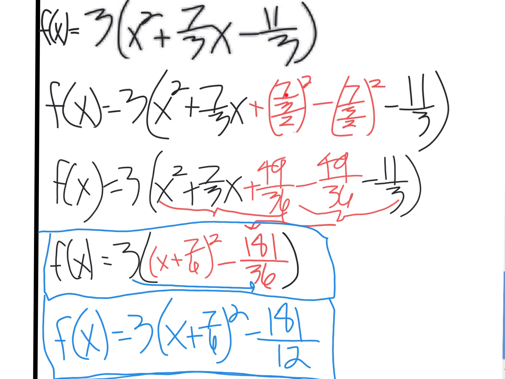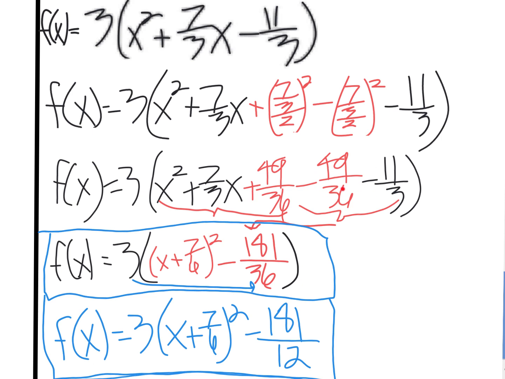So when I said 7 over 3 over 2 made 7 over 6, that's what's going to go in here. 7 over 6 times 7 over 6 makes 49 over 36. And then 7 over 6 plus 7 over 6 makes 7 over 3. Okay? And so these first three terms turned into x plus 7 over 6 squared.